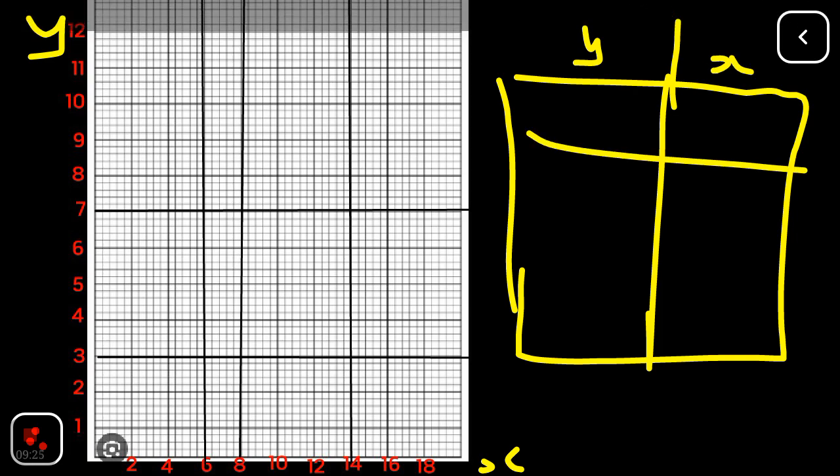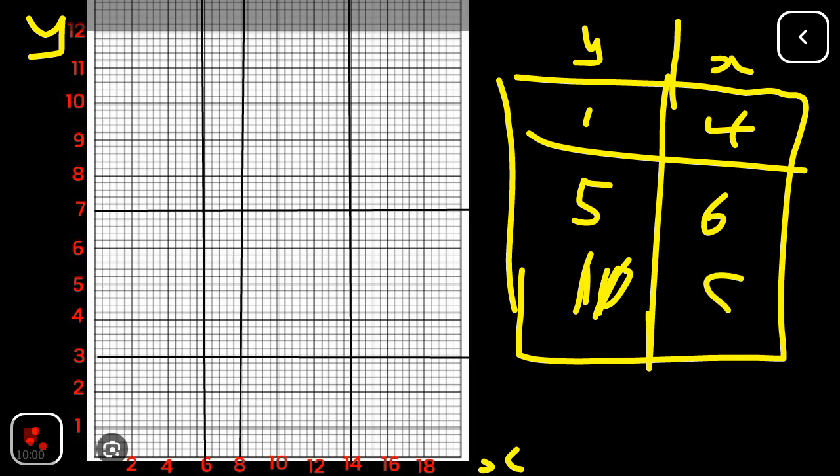So let's say when y is equals to 1, x is equals to 4, and when y is equals to 5, x is equals to 6, and y is equals to 11, x is equals to 8.